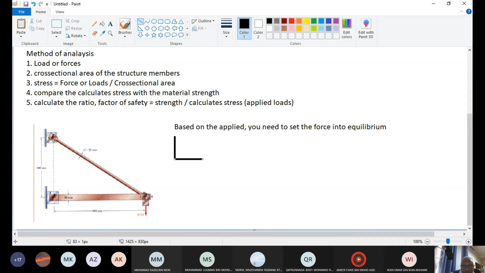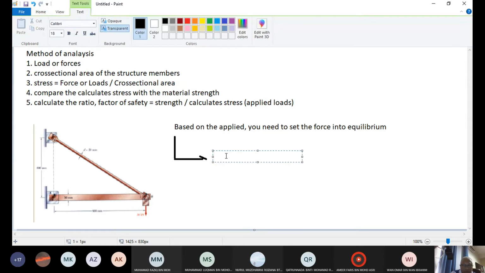So force in the direction to the right, this direction is positive.